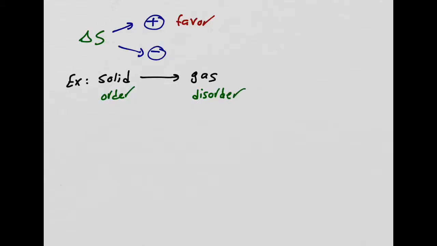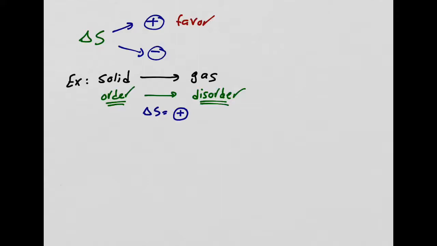There's some disorderliness to it because gas molecules are randomly moving around, far away from each other. So going from solid to gas, I'm going from order to disorder. So what do you think the delta S would be? Would it be positive or negative? The delta S would be positive.